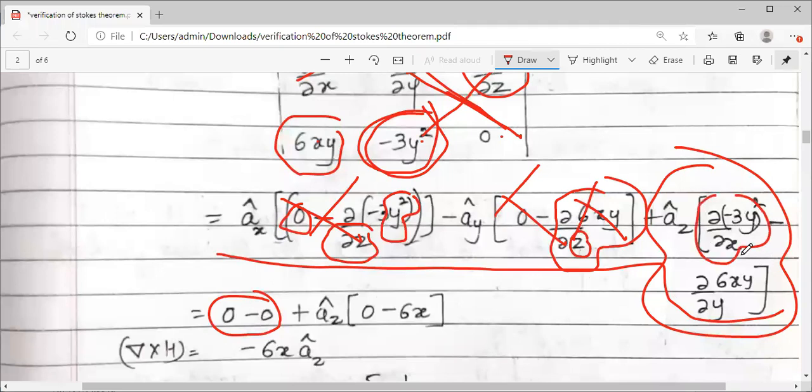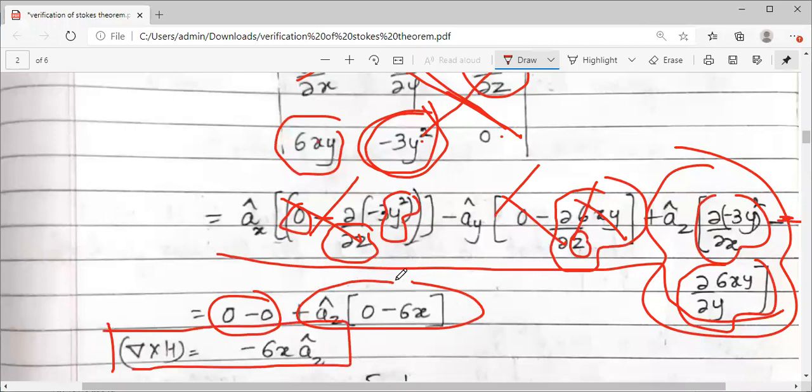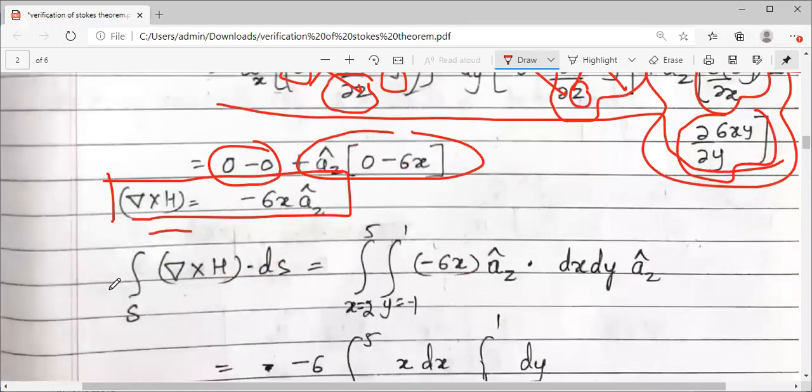Okay, that you can calculate here. It is again with respect to x. This is with respect to y. Only one differentiation exists. That is with respect to y, which is 6x. That too minus 6x. That I have written as minus 6x az. This is del cross H. But what is your RHS? This. In order to calculate this, it is a surface integral.